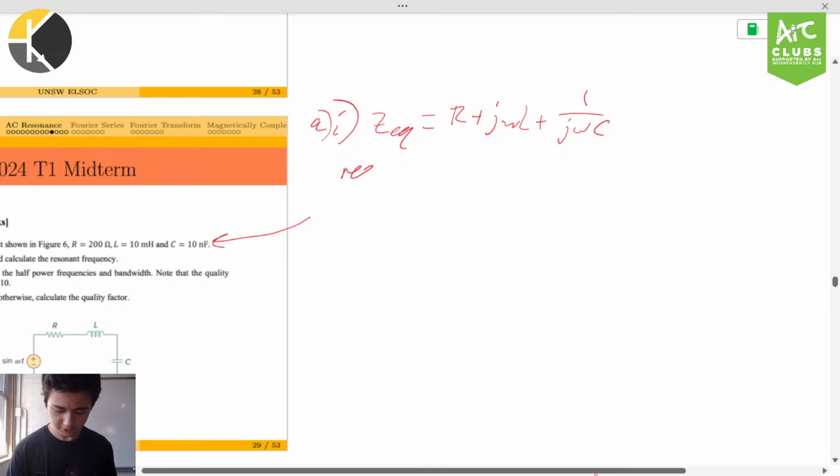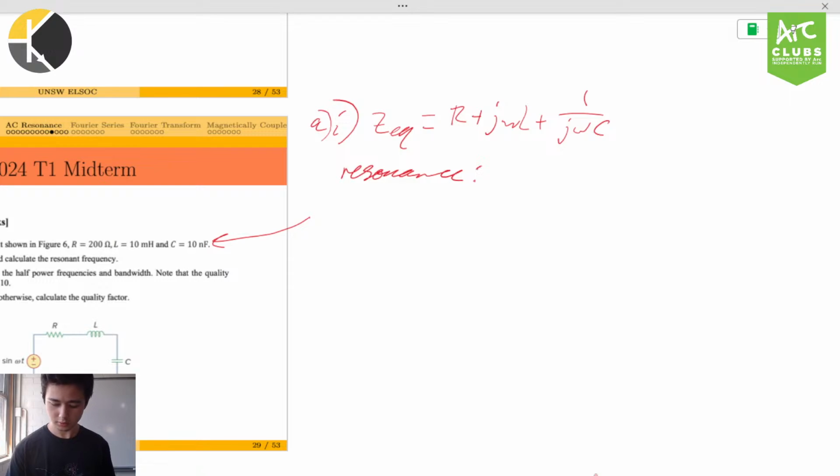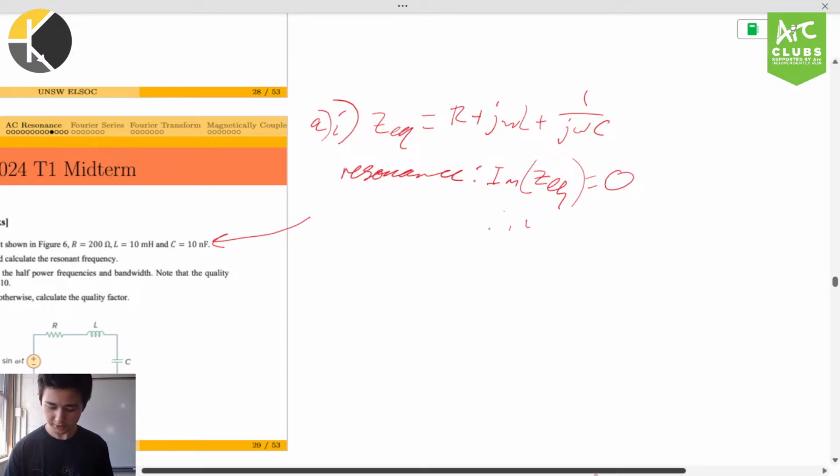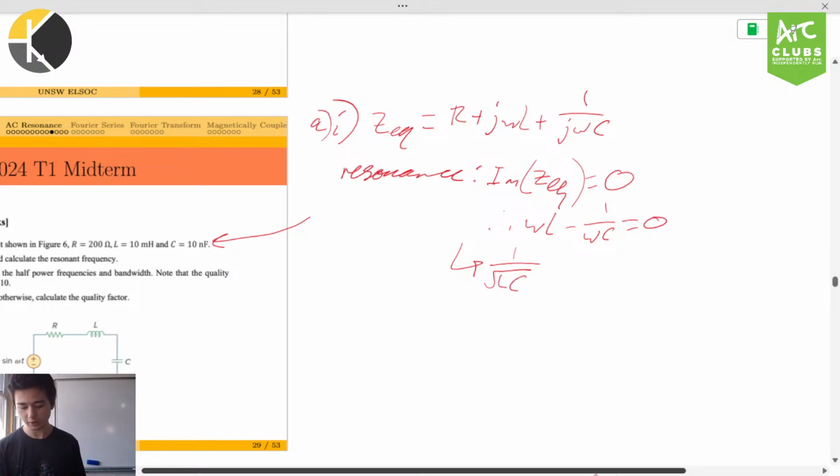Resonance is when the imaginary component of Z equivalent equals 0. So omega L minus 1 on omega C equals 0, and as before, this gives us our standard resonance frequency formula of 1 on root LC.